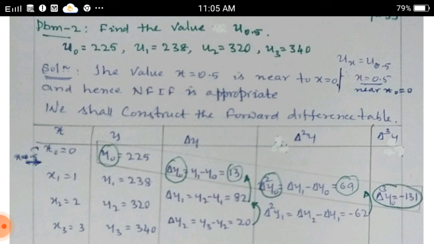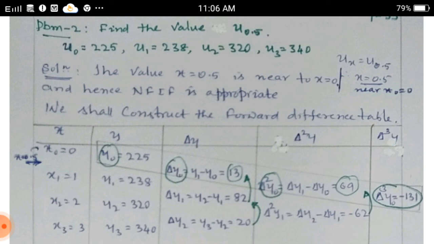Find the value of u suffix x is equal to u suffix 0.5. Therefore, let y is equal to u suffix x is equal to u suffix 0.5. Therefore, you need the value of y at the value x is equal to 0.5. Let y is equal to u suffix x, write it down. u suffix x is equal to u suffix 0.5. Therefore, x is equal to 0.5.